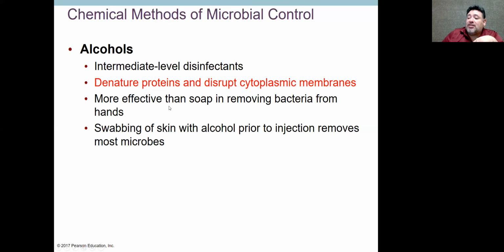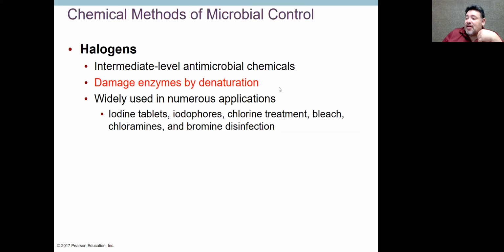So, again, alcohols denature proteins and disrupt cytoplasmic membranes because it emulsifies them. And I even like the smell of isopropyl alcohol, and I know it is doing a great job in cleaning the environment. Okay, halogens.